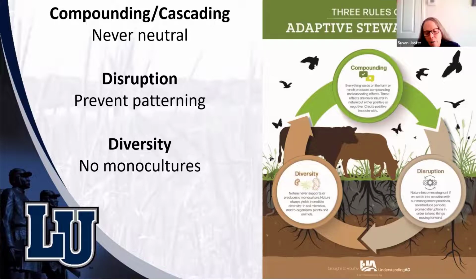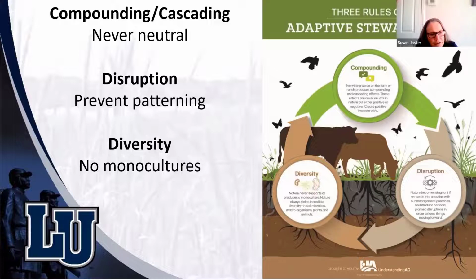And so if we always turn cows out in the east pasture first, then the next year we should try going to the west pasture first and changing it up, and maybe changing how long they stay in that pasture before we move them. We want to take half and leave half of whatever is there.